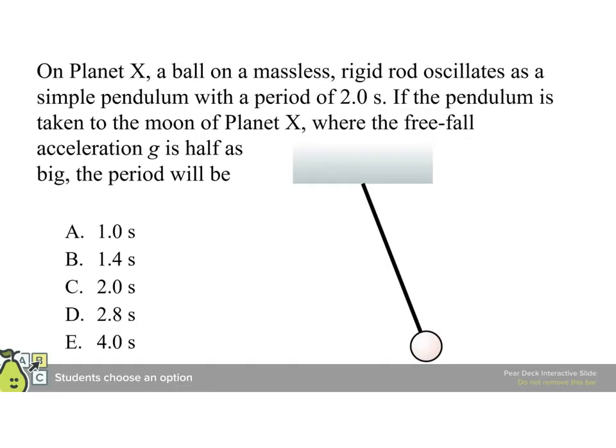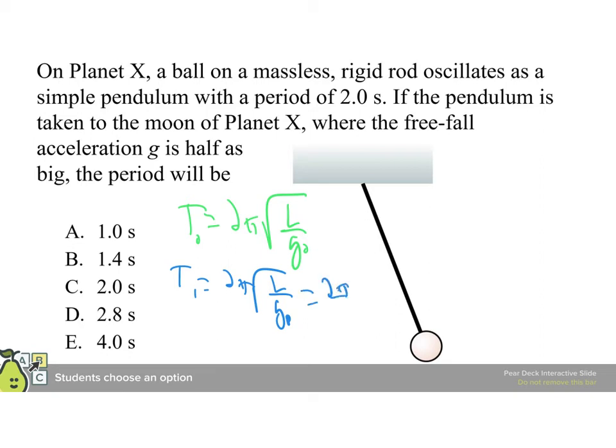On planet X, a ball on a massless rigid rod oscillates as a simple pendulum with a period of 2 seconds. If the pendulum is taken to the moon of planet X with a free fall acceleration g that is half as big, what happens to the period? So the period here, as we said just a moment ago, is this. Let's call that the initial one. And then our new period is going to be 2π√(L/g_new).